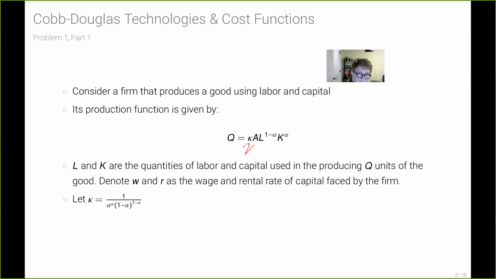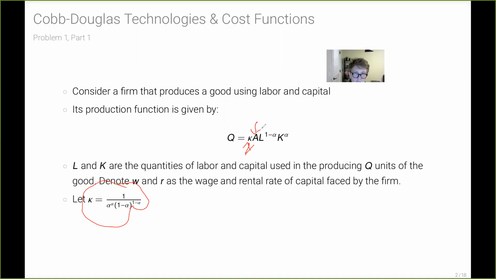So sorry, kappa is right here. And kappa is just going to be defined like so. So this is going to be kappa right here. It's just going to be 1 over alpha raised to the alpha, and then 1 minus alpha raised to the 1 minus alpha. That's not super important for now, but we'll come back to it. It'll be useful in our computation.